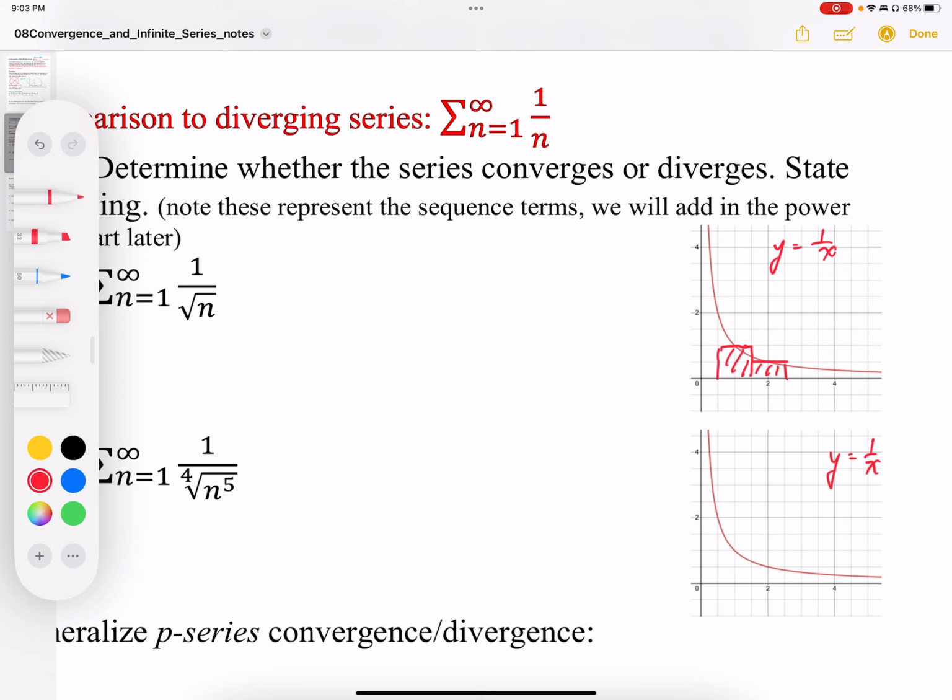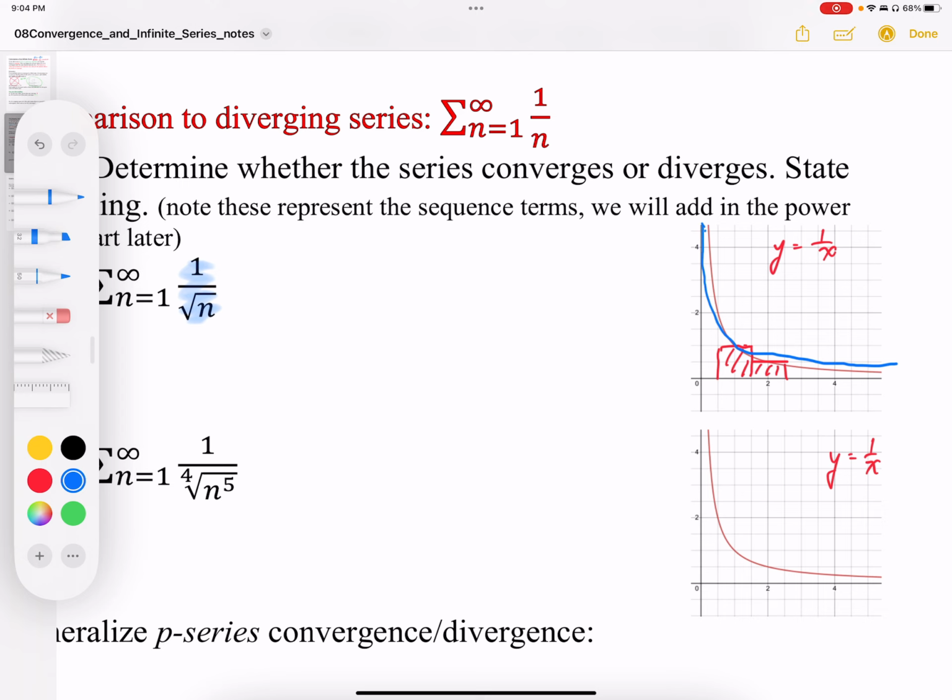Now, if we were going to compare this to 1 over n, I'm going to draw this in a different color. I can establish whether this converges or diverges by looking at the graph. The graph of 1 over root n goes like that, and the sum is a bunch of rectangles I can draw in there.